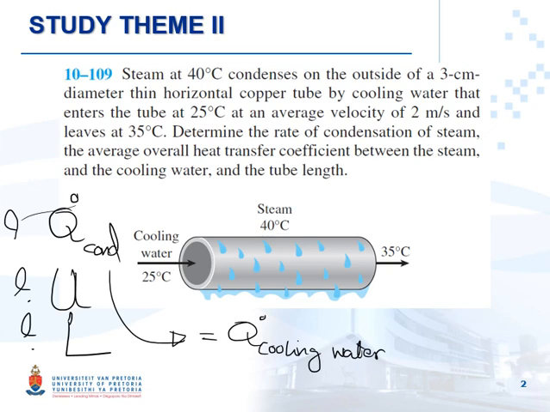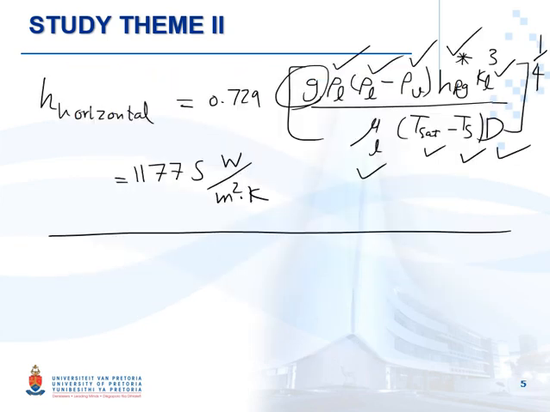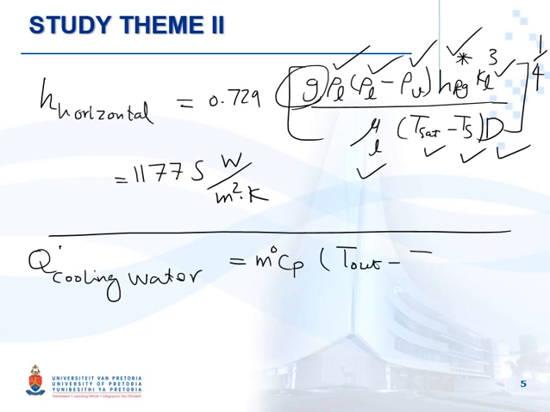So if I want to calculate that, the only thing I need to find is Q dot of the cooling water. How can I find that? We know that it is m dot c_p (T_out minus T_in).